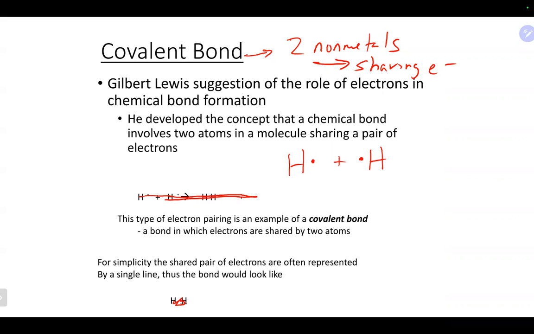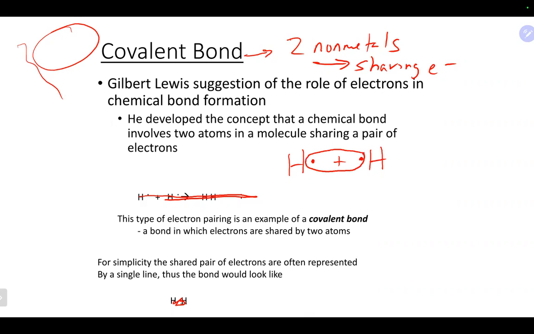So neither one of them is going to want to give their electron away to somebody else. So the best that we could hope for, and the best that happens when we get two nonmetals together, because frankly, nonmetals on the periodic table are pretty much sitting in the exact same location, is that they're going to do some type of sharing. So instead of ionic bonding, when we have a metal and a nonmetal, when we have two nonmetals together, they're just going to agree, why don't we just share this?